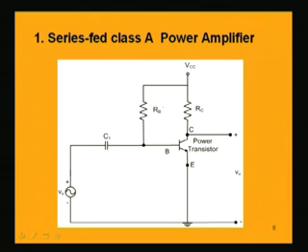There can be a potential divider biasing scheme also, but we are taking here for example a simple series fed class A power amplifier where a fixed bias is used and a power transistor is used for amplification.